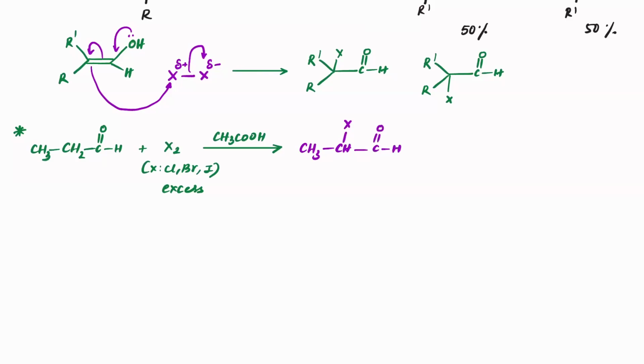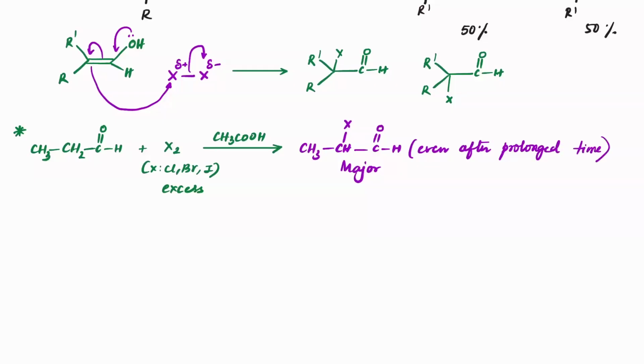That means only one hydrogen has been replaced. Although there are two hydrogens which could have been replaced, only this one was found to be the major product even after prolonged time.